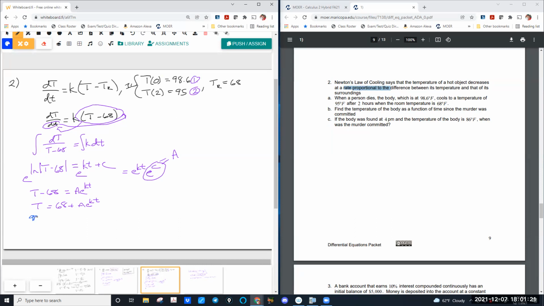So that tells us that 98.6 equals 68 plus A e to the k times 0. But k times 0 is 0, e to the 0 is 1. So really it's just saying 98.6 equals 68 plus A. And so that really quickly just gives us that A equals 30.6.